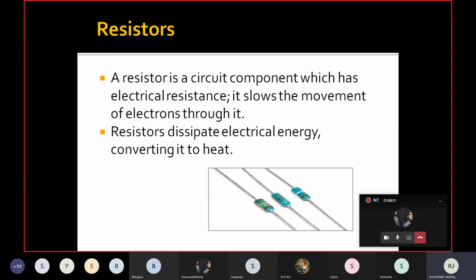But at the same time, guys, inductors and capacitors are not going to dissipate the electrical energy. They will absorb the energy. That's why they don't get burned like a resistor.